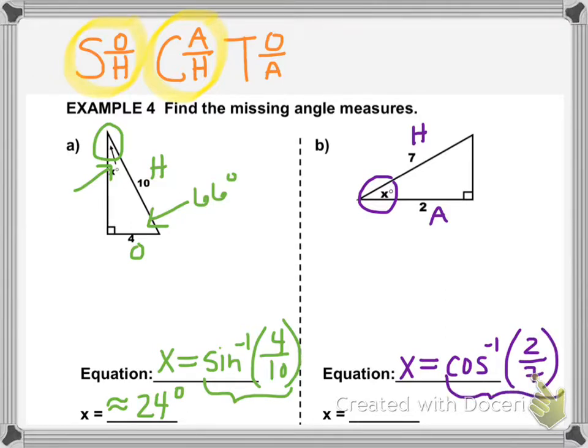So you're just going to type this part into your calculator. Inverse cosine of 2 over 7, enter, and it's about 73 degrees. Super simple. Let's try a couple more.